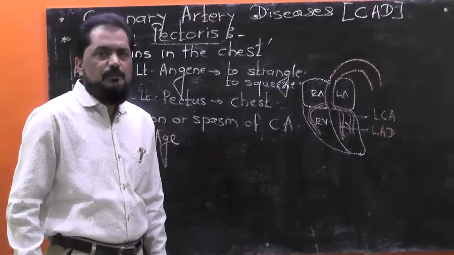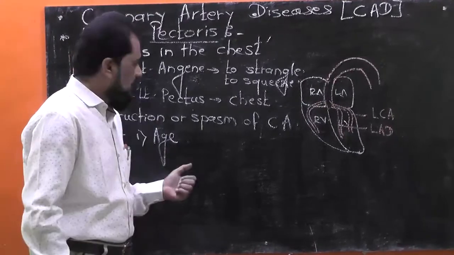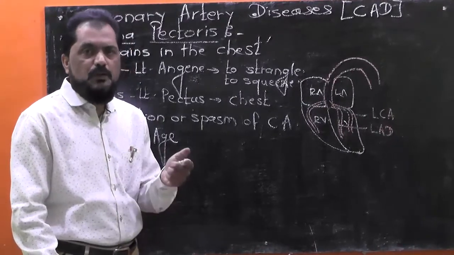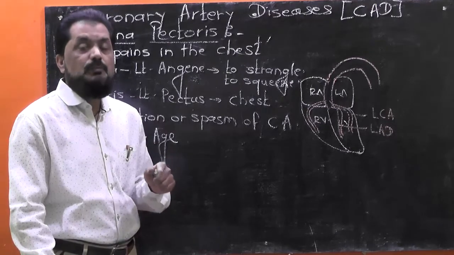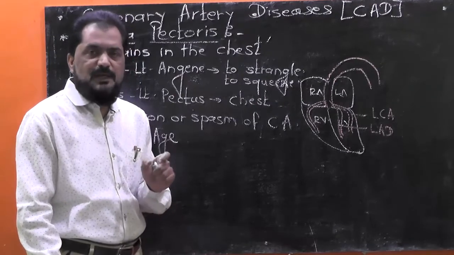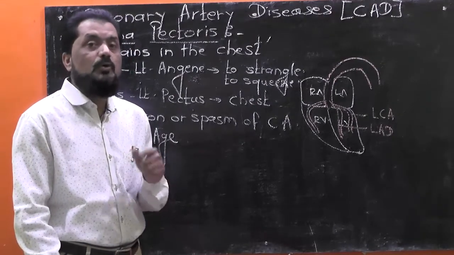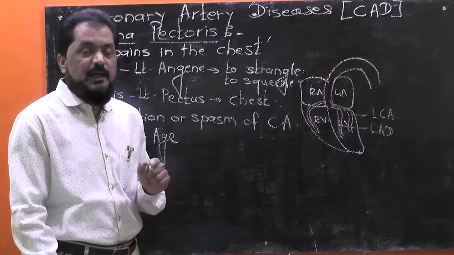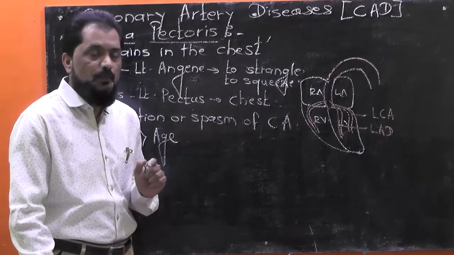Men of 45 or more than 45 years of age are considered to be more susceptible for angina pectoris, as well as it is true for women. But there are more chances of angina and different heart problems in men rather than in women.